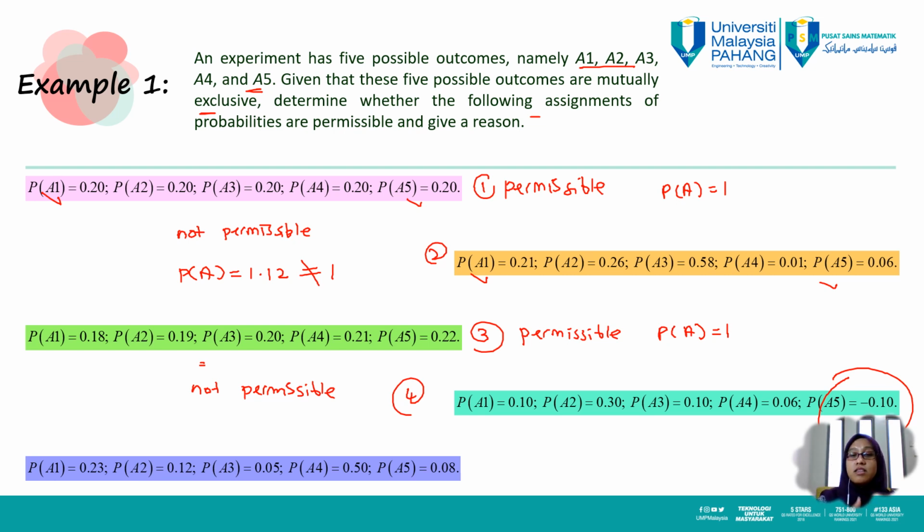It must be greater than or equal to zero. And for the last one, this is not permissible. Why not permissible? Because when I total up, I will have P(A) equal to 0.98, so this one is not equal to 1. I hope you understand this example.